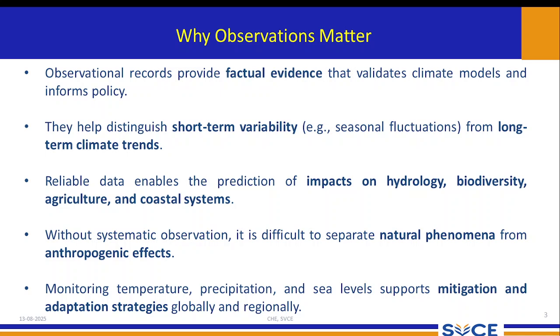So if you don't observe keenly, it is very difficult to identify whether this is happening because of natural phenomena or human-made activities. Monitoring temperature, precipitation, and sea level supports mitigation and adaptation strategies globally and regionally.